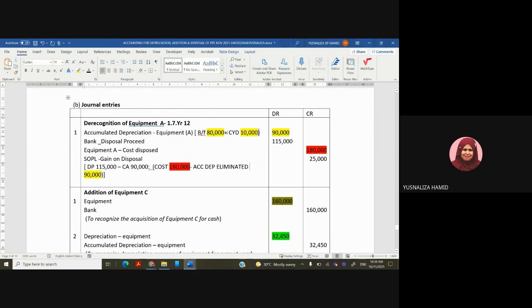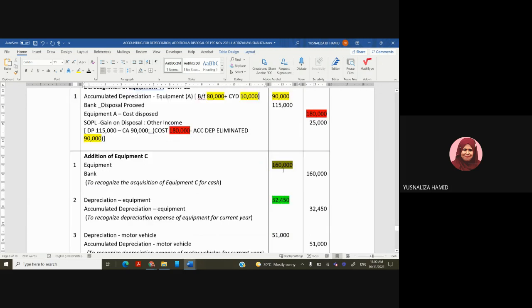So these are the ones that were being eliminated. 80 plus 10. So 90,000. So that will give you 25,000 of gain. And that gain is the one that you will be crediting to the statement of profit or loss as gain on disposal. And this is actually part of other income. So you have that, the first one.